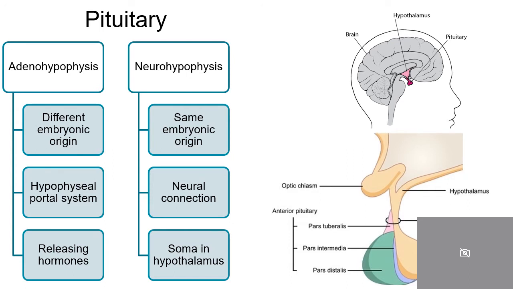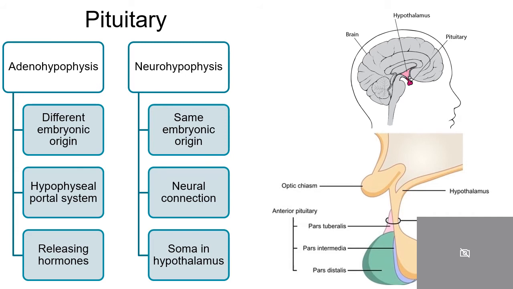The anterior pituitary, or adenohypophysis, is derived from a different embryonic tissue layer as the hypothalamus. As a result, these two organs are connected by a special portal system of blood vessels in the infundibulum. The hypothalamus then controls target cells of the anterior pituitary by way of releasing hormones.